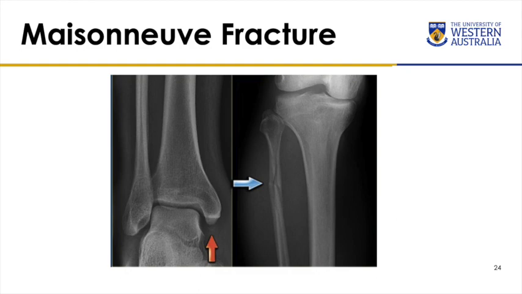In the X-ray on the left here, you see increased distance between the medial malleolus and the talus, with a small avulsion fracture of the medial malleolus. This should make you suspicious for a syndesmotic injury. You should always palpate the proximal fibula on any twisting ankle injuries and get an X-ray when concerned.